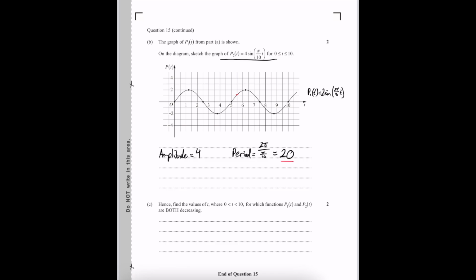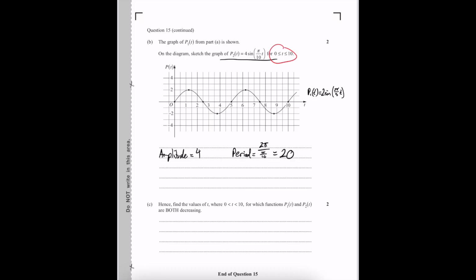Okay, so once that's cleared up, what we should realize is our period is 20 for this new line, this p2(t). And that means that for 0 to 10, we aren't going to have a full cycle. In fact, we're only going to have a half cycle, something like this.